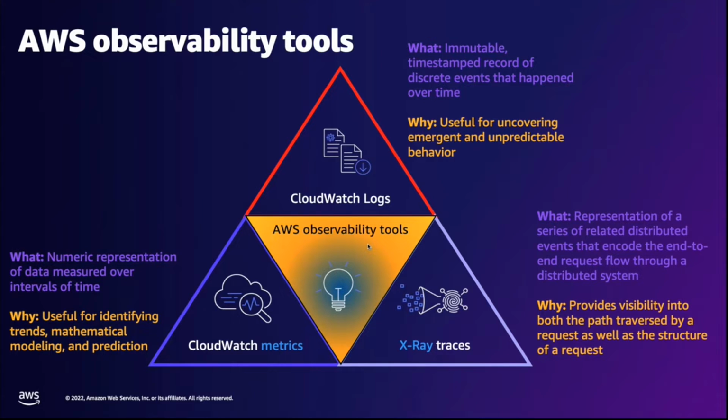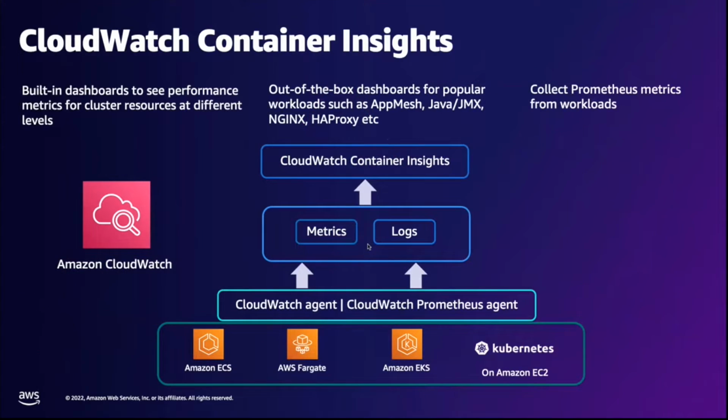So, providing insight, with this in mind we have, for example, CloudWatch Container Insights, which is an add-on, an extension that is container aware and can be used for all of the container offerings like ECS, Fargate, and EKS on EC2. It collects, aggregates, and summarizes metrics and logs from all of these containerized applications, and you can integrate it with all the other workloads.